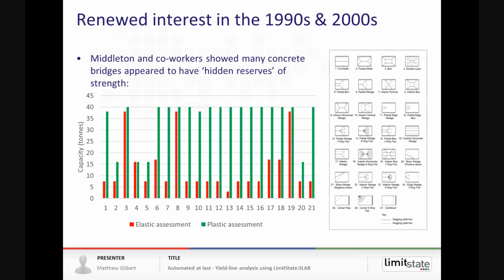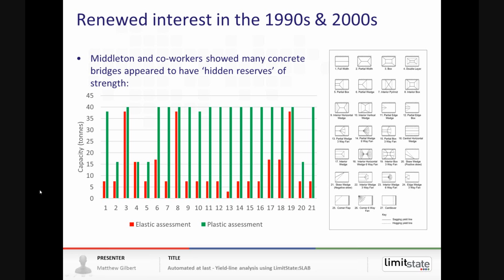In the last couple of decades, there seems to have been renewed interest in the Yieldline method. One example of this is that Middleton and co-workers at the University of Cambridge used the Yieldline method to reassess a large number of concrete slab bridges which had been condemned as being substandard or unable to carry modern vehicles when elastic methods were used.